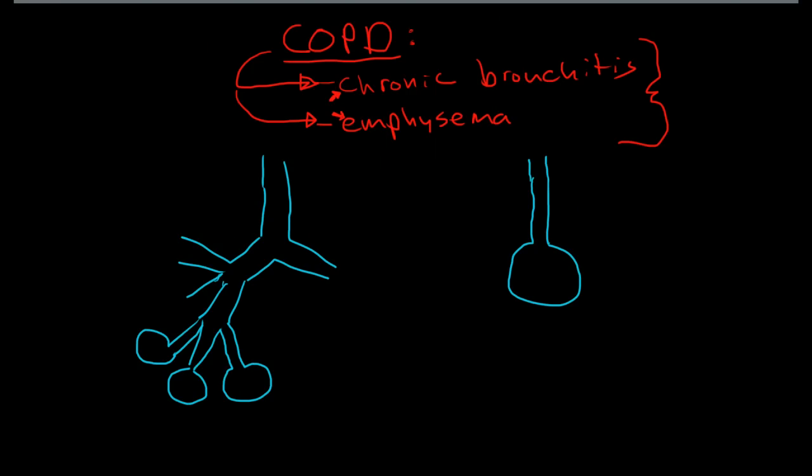Now, generally, the trachea and the large bronchi are covered with pseudostratified columnar epithelium, interspersed with little goblet cells.